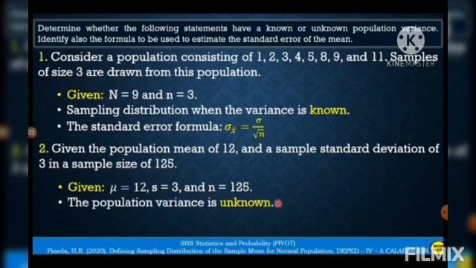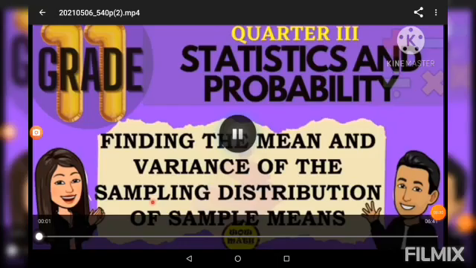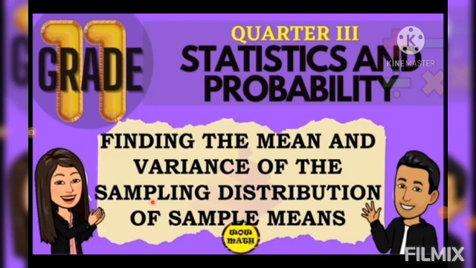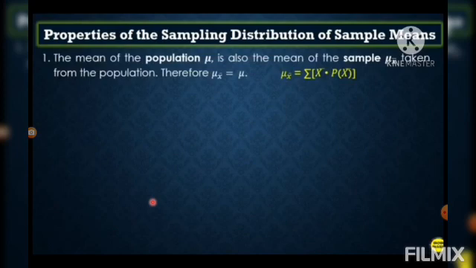Next, finding the mean and variance of the sampling distribution of sample means. So this is the properties. Our topic is the properties of the sampling distribution of sample means.